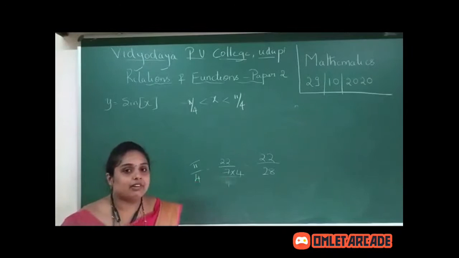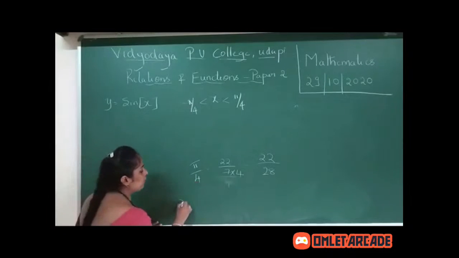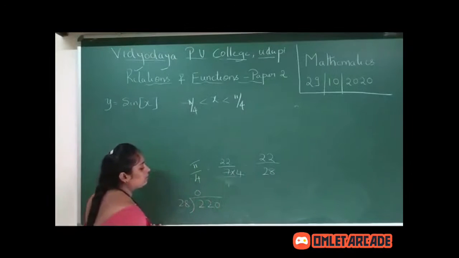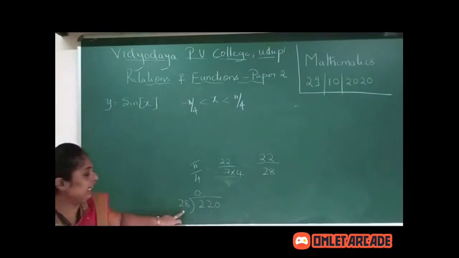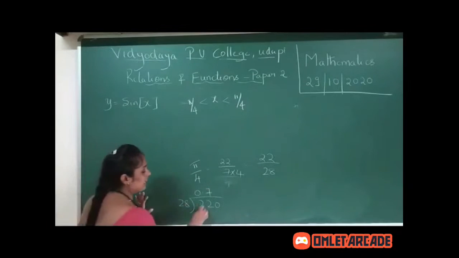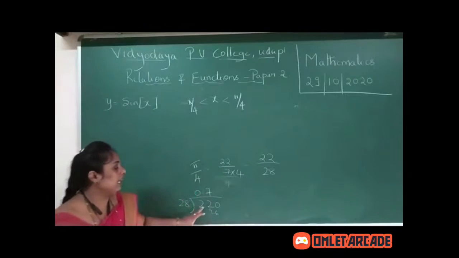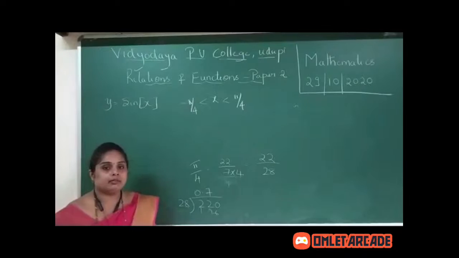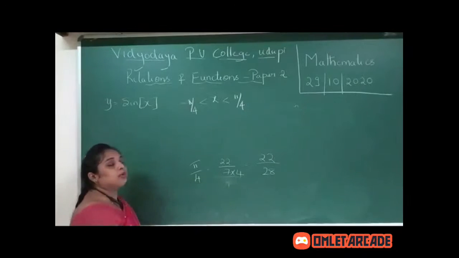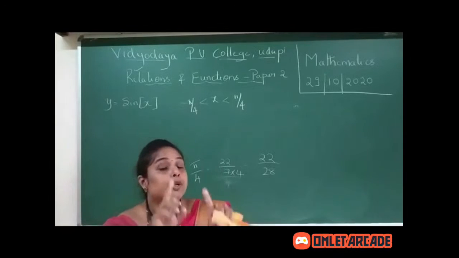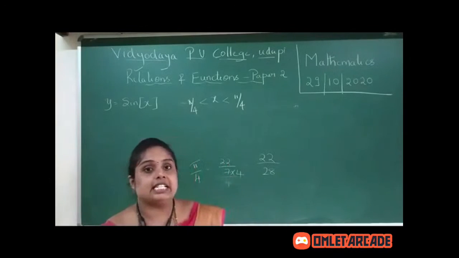I don't want the exact value, but you can calculate it. 28 divided by 22: if I write 8, I get 224. Approximately 0.7. I am not telling you to write 0.7 only; if you write 0.6 also, your answer will be correct because we are using greatest integer x.